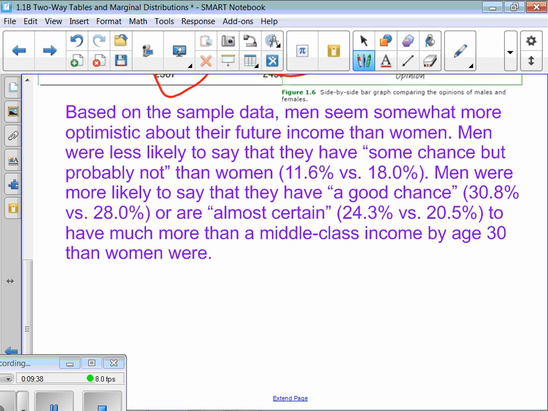And the only way we could figure that out was by doing these separate conditional distributions and making that lovely graph. That helped, all right? Men were less likely to say that they have some chance but probably not, and men were more likely to say that they have a good chance or are almost certain to have much more than a middle class income by age 30 than women were. So use comparison words, more than, less than, things like that.